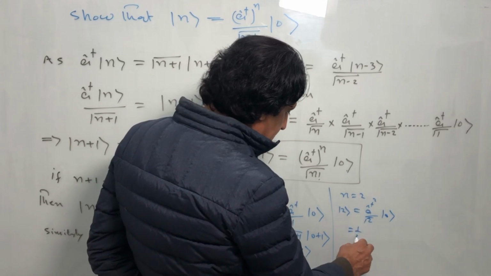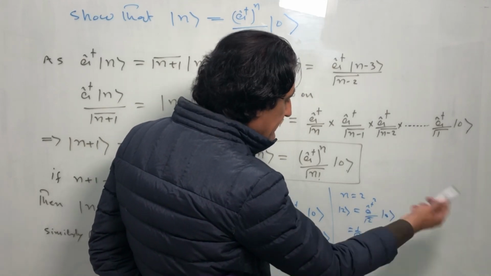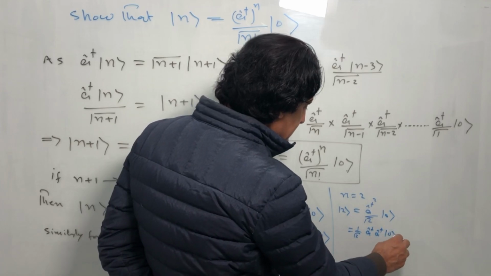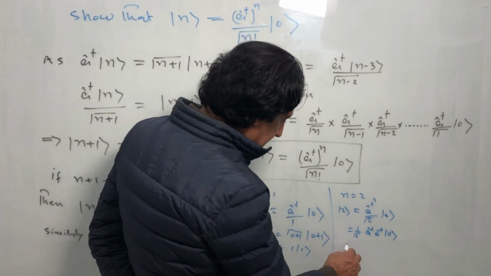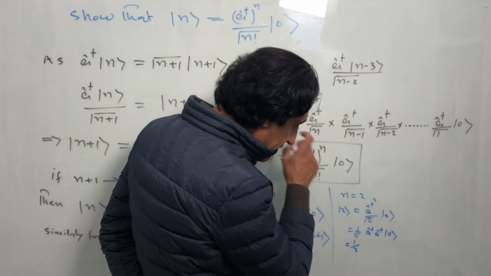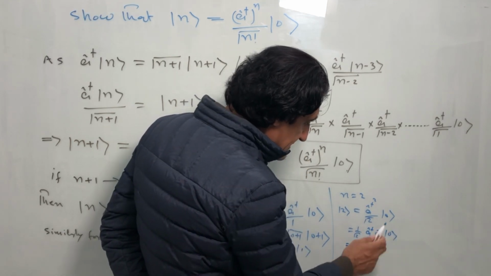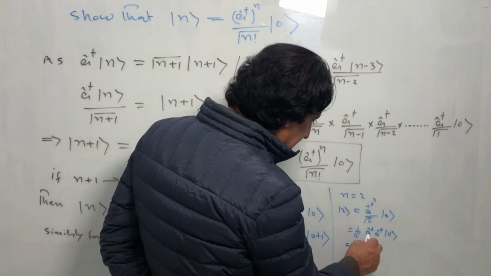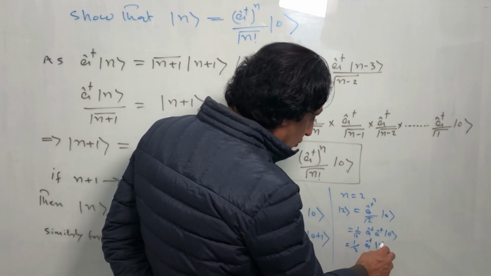Now 1 over square root of 2 and a dagger square means a dagger and 0 state. And for this, if we apply the creation operator on this, then we can get this a dagger as it is, and we can get 1.